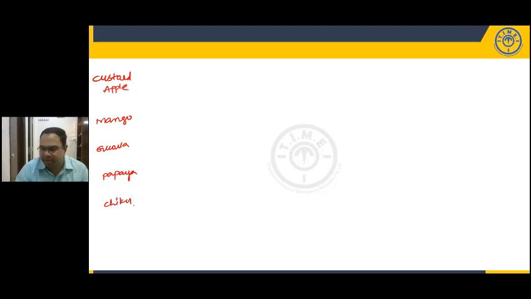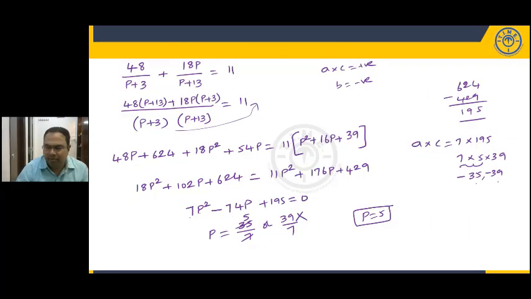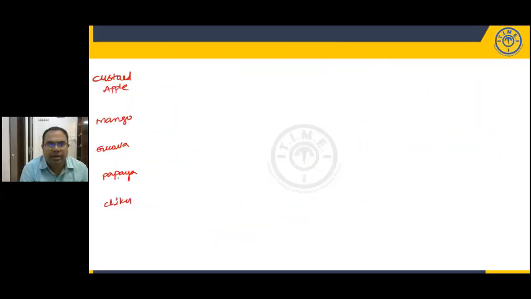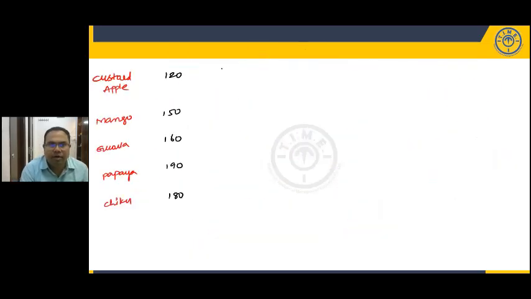It's a lengthy set actually. 120, 150, 160, 190, 180. Right? 40, 110, 100. I'm just copying the data.